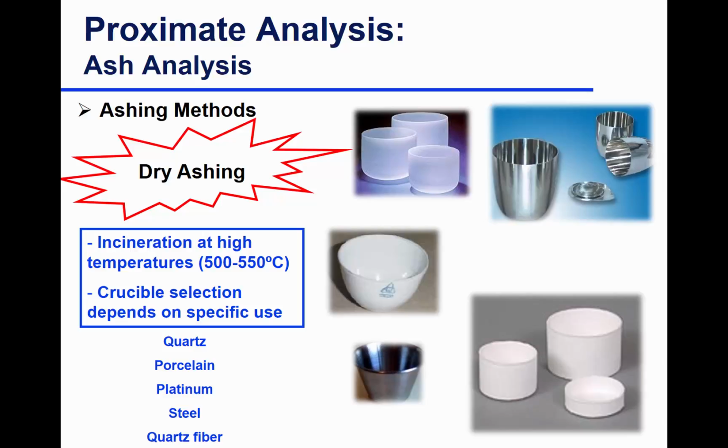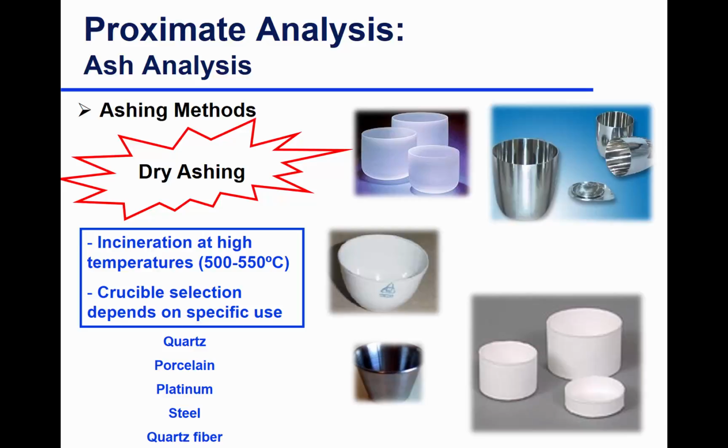Platinum is the ideal. It's inert to everything: acid, alkaline, and halogen. It can withstand really high temperature, but it's very, very expensive, so you don't usually see it in labs very often. Another cheap option is steel, but that could cause mineral contamination to your sample. The last one you have here is quartz fiber.